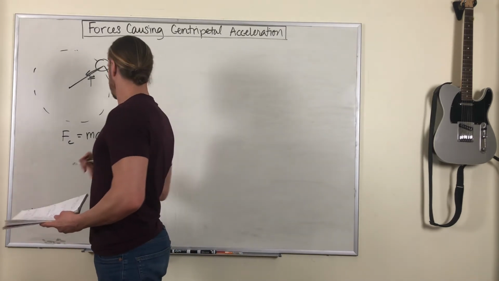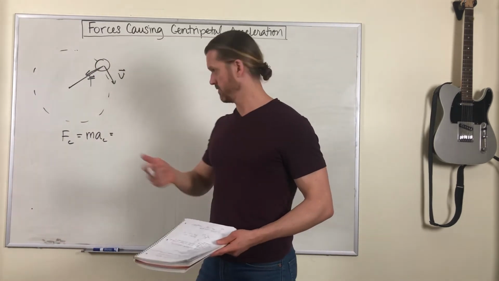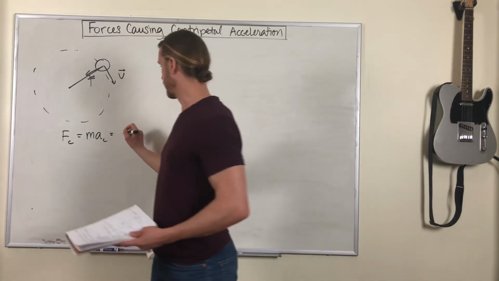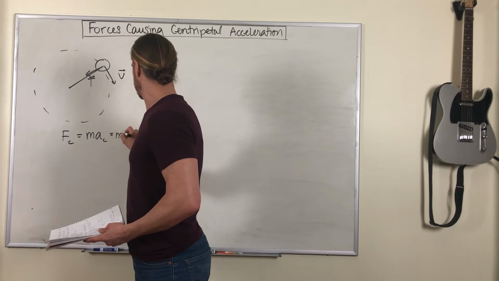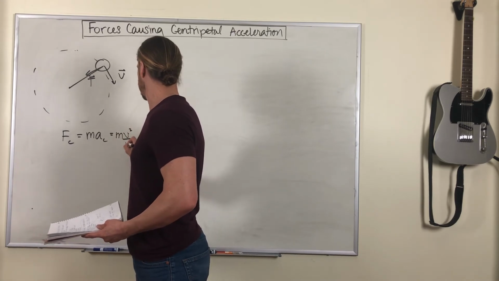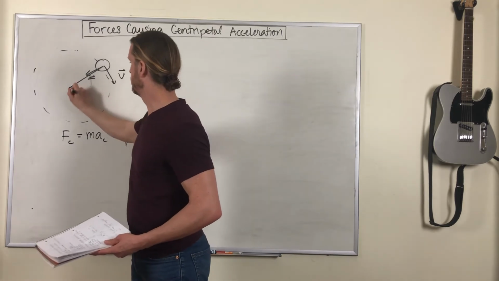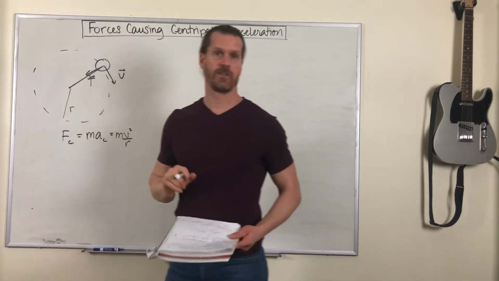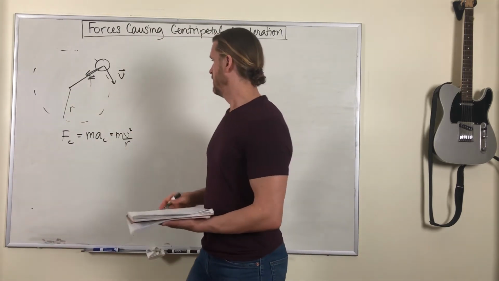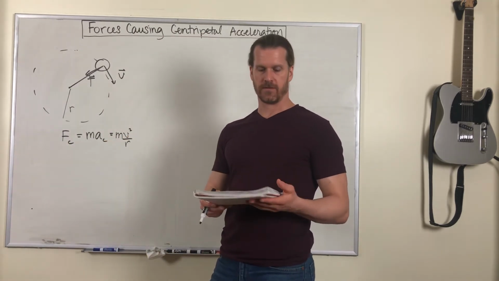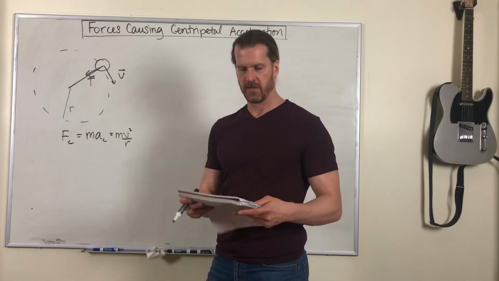And in the previous lessons, we learned that this centripetal acceleration has a magnitude of v squared divided by r, where r is the radius of the circular path that this thing's moving in. So this is how the magnitude of the force and the magnitude of the acceleration are related.